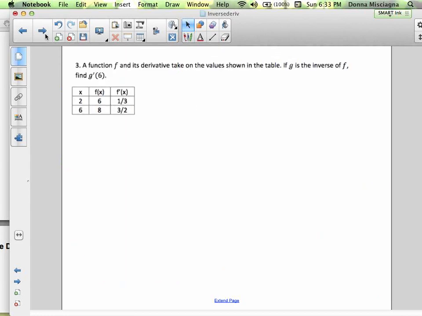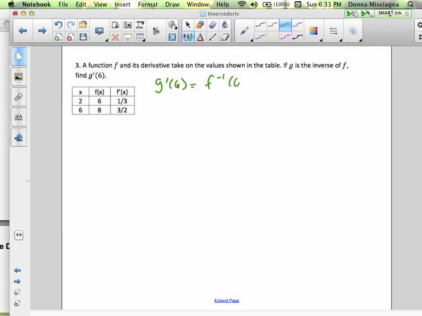One last problem. A function and its derivative take on the values shown in the table. If g is the inverse of f, find g prime of 6. So g prime of 6 is the same as the derivative of f inverse of 6.